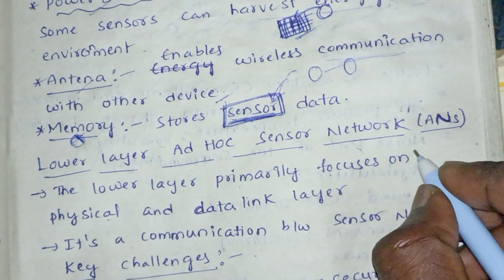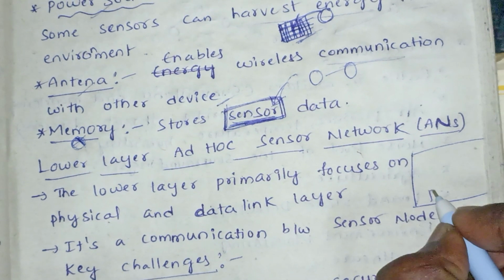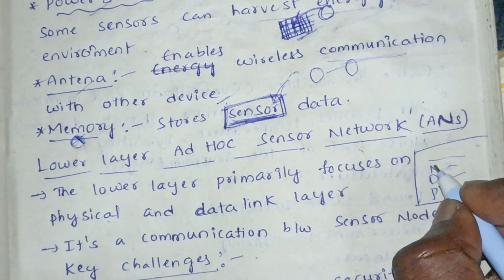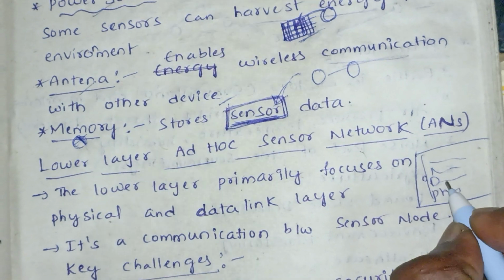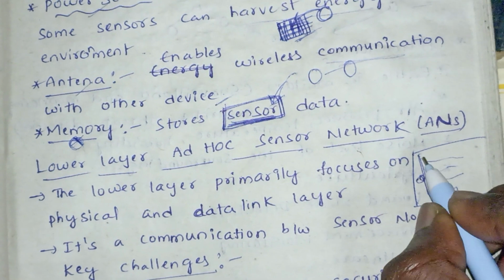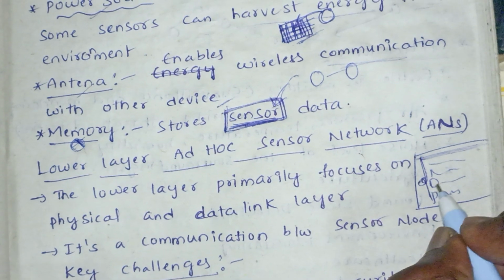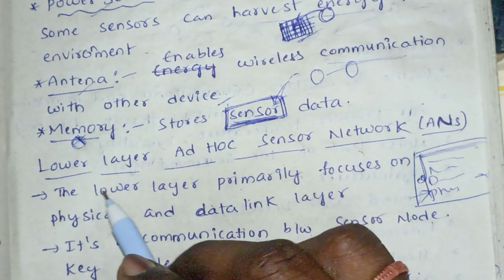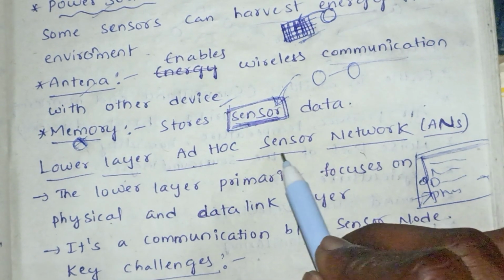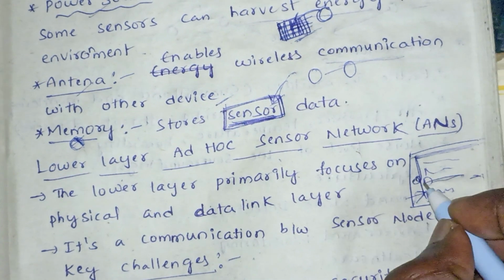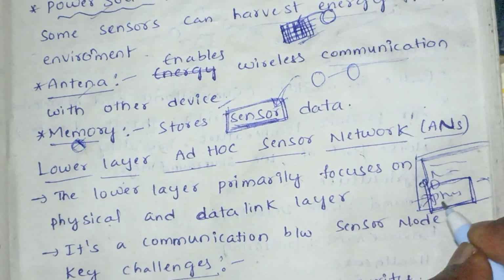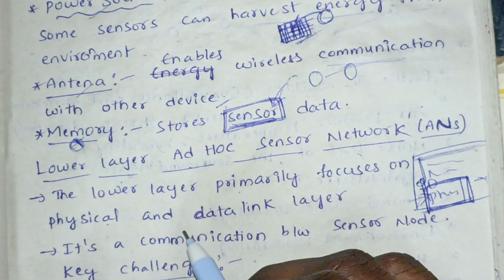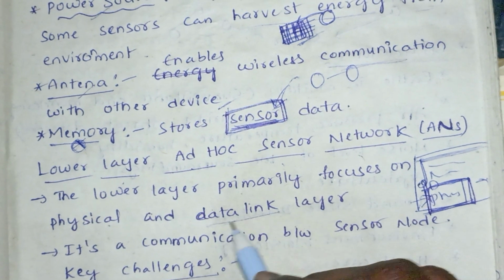In computer networks, we know the layers present: physical layer, data link layer, network layer, application layer, which are used to transmit the data from source to destination. Same here, the lower layer ad hoc sensor network is nothing but the data link layer and physical layer, which are present at the lower level.